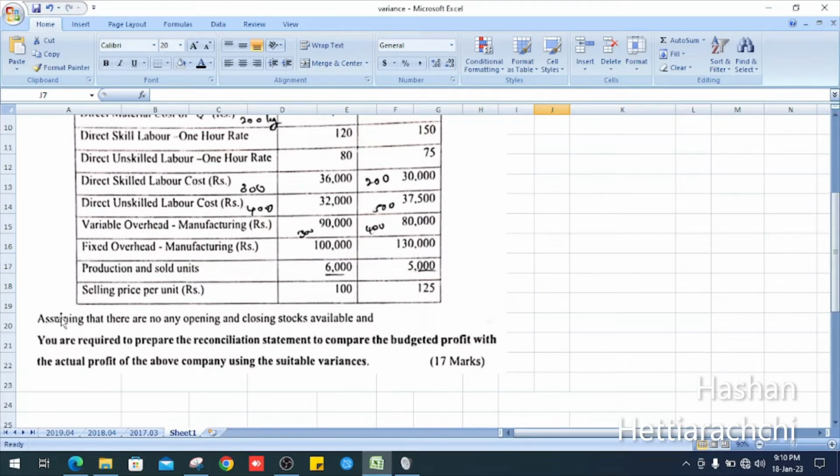They assume there are no opening and closing stocks, and you are required to prepare the reconciliation statement to compare the budgeted profit with the actual profit of the company using the suitable variances.